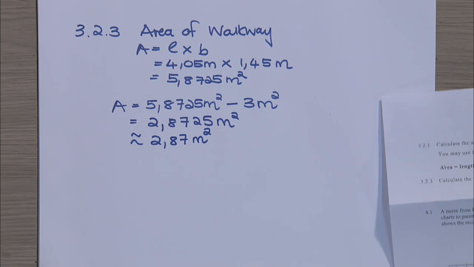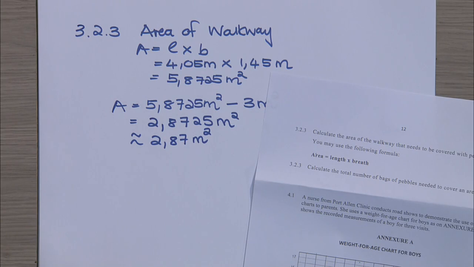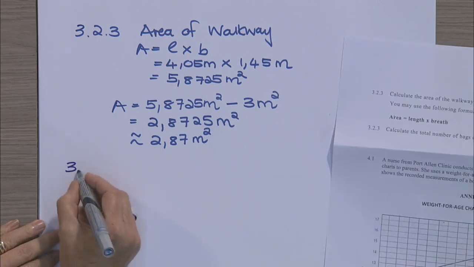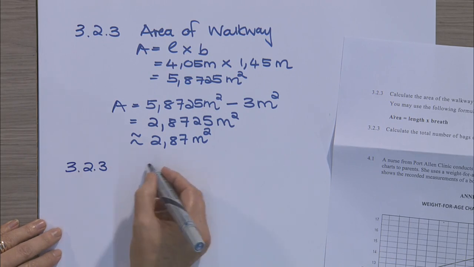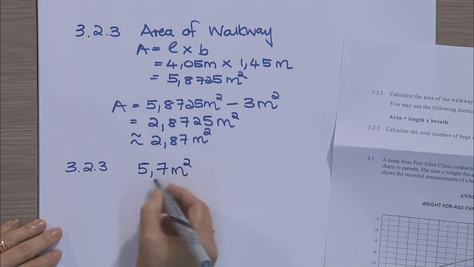Then the last question in 3.2.3, calculate the total number of bags of pebbles needed to cover an area of 5.7 meters squared. All right, so they give us an area. They want to know the number of bags that we will need to cover 5.7 meters squared.